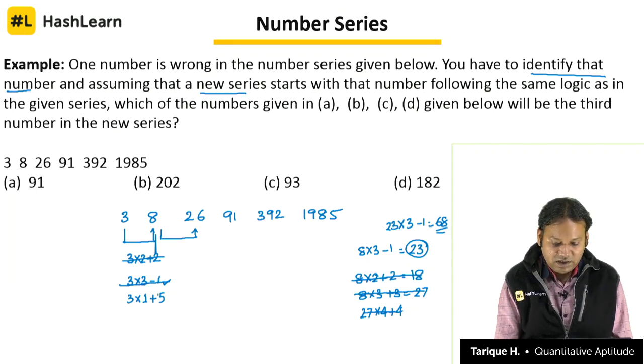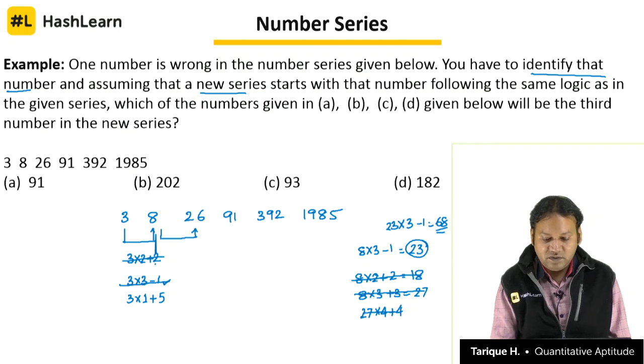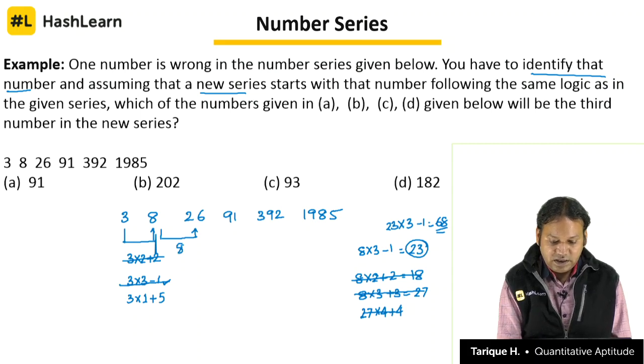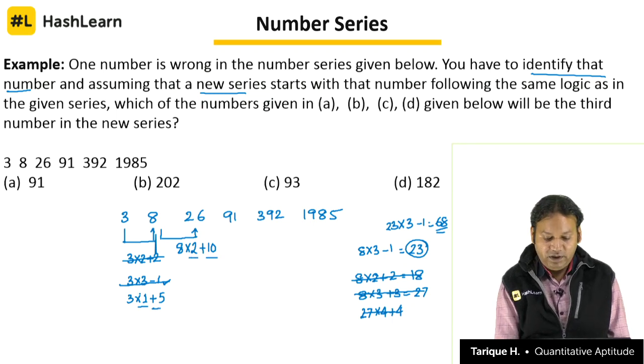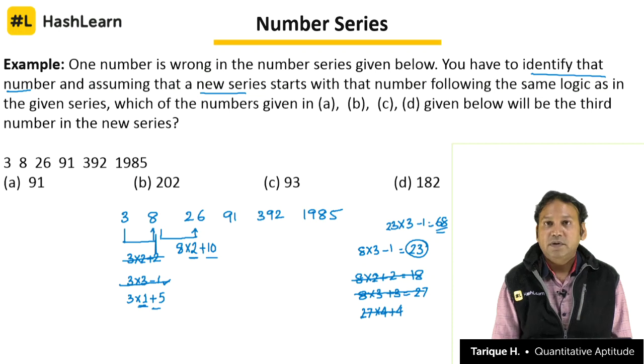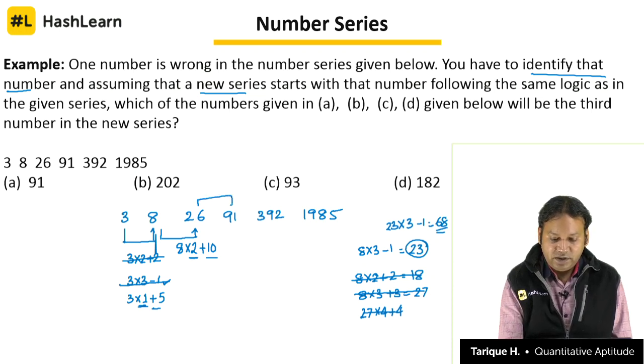If 3 into 1 plus 5 is 8, then 8 into 1 plus 5 is 13, and this number is 26, double of that. So could it also be 8 into 2, 16 plus 10? Now can this be a pattern? See, into 1 plus 5, into 2 plus 10, following into 1 and into 2.